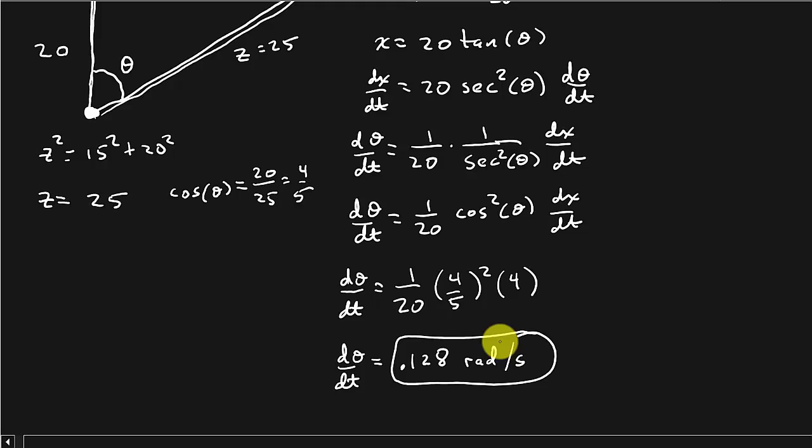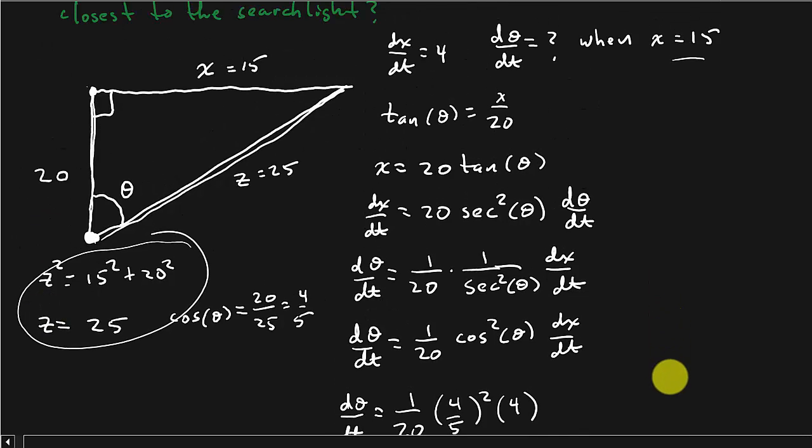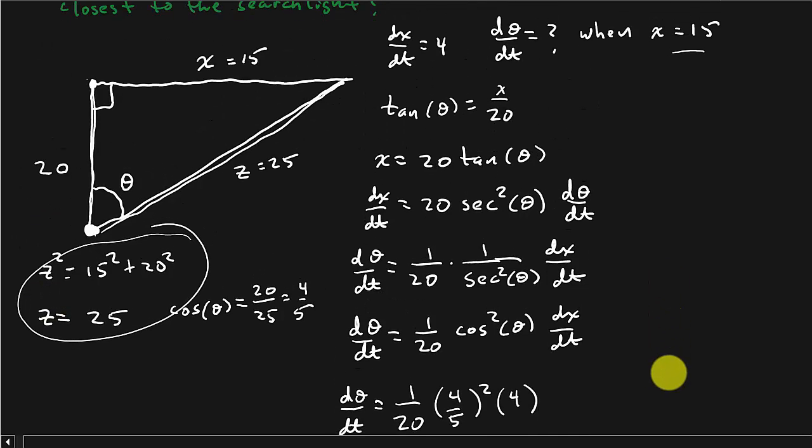I don't know what I was thinking when I wrote that down earlier, but anyway, it's fixed. Everything's good now. That's related rates. Just write down what they give you, write down what you're trying to find, write down your equation, take the derivative, and then just plug all the stuff in.